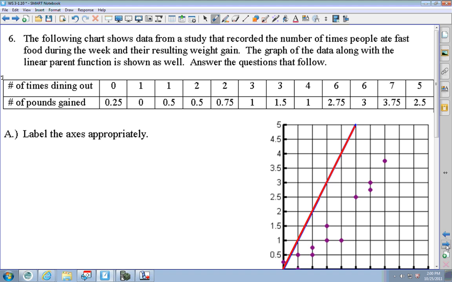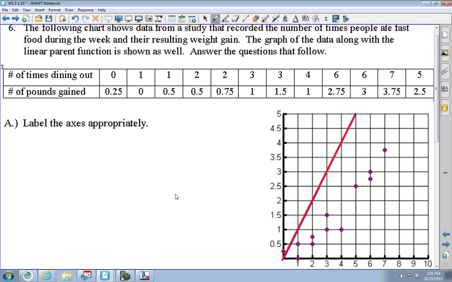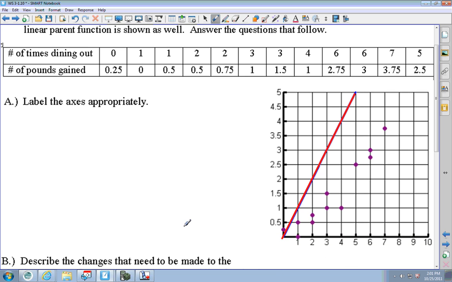Next problem. All right, here we go. It says the following chart is data from a study recording the number of times people ate fast food during the week and their weight gain. Okay. The graph of the data along with the linear parent function is shown as well. Answer the questions that follow. First off, it says label the axes appropriately.